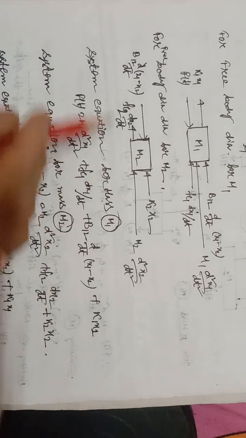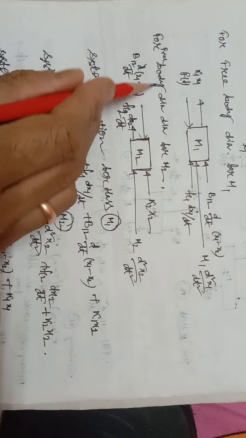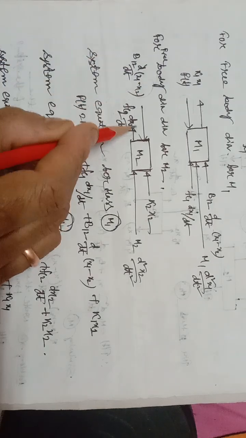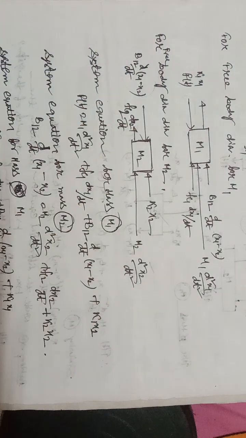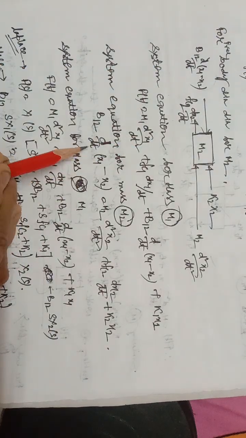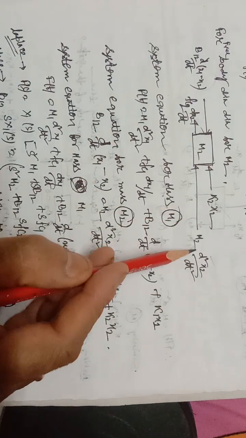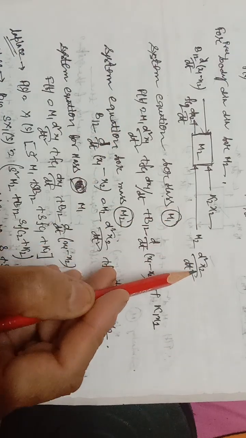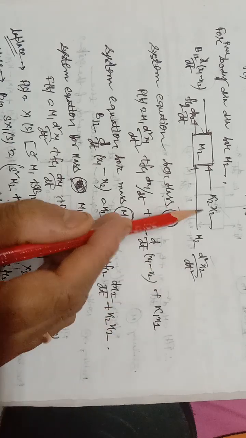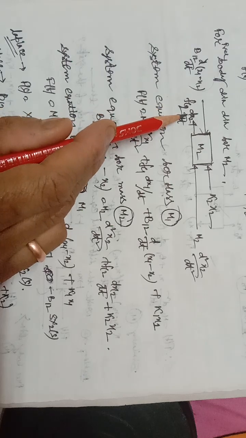Now from this free body diagram of m2, this force is equal to this one plus this one and this one. So look here, be careful. b12 d by dt into (x1 minus x2) is equal to m2 d square x2 by dt square plus k2 x2 plus FC2 d of x2 by dt.